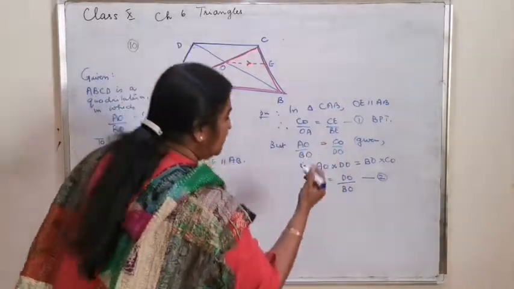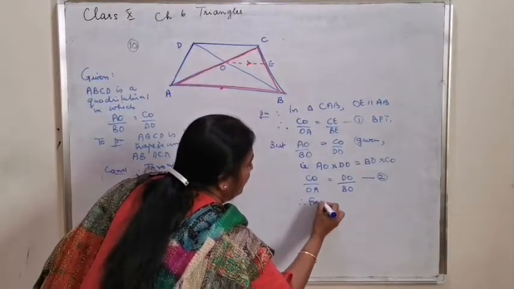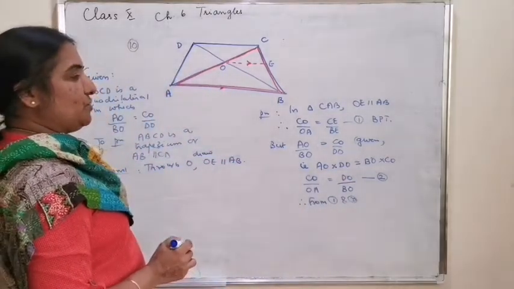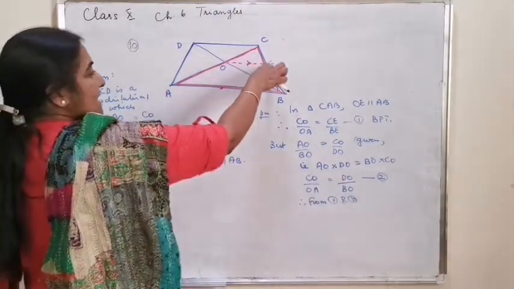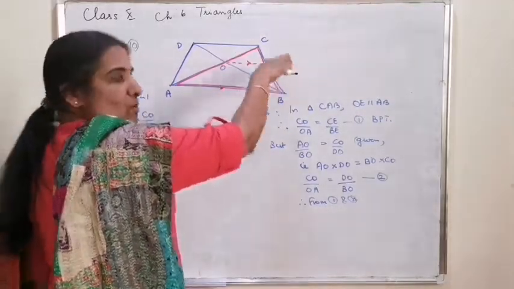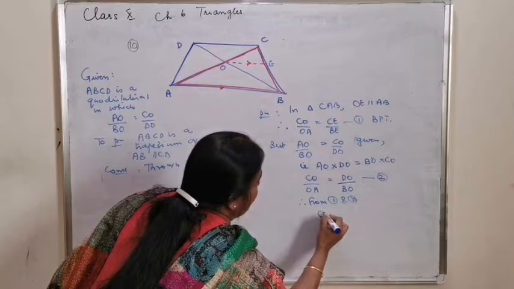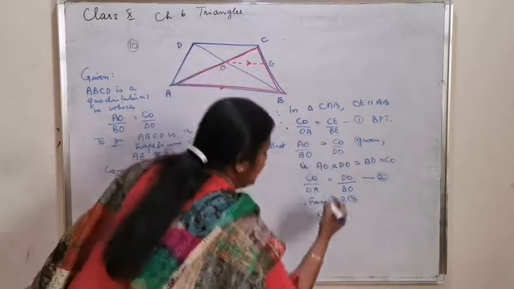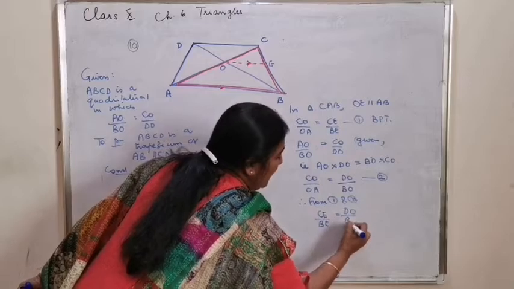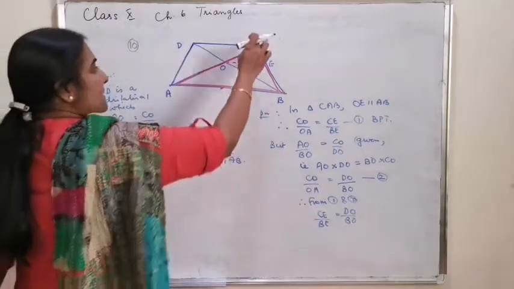So from 1 and 2, you are getting the ratio as CE by BE is equal to DO by OB. From 1 and 2, CE by BE is equal to DO by BO. Look into the figure.